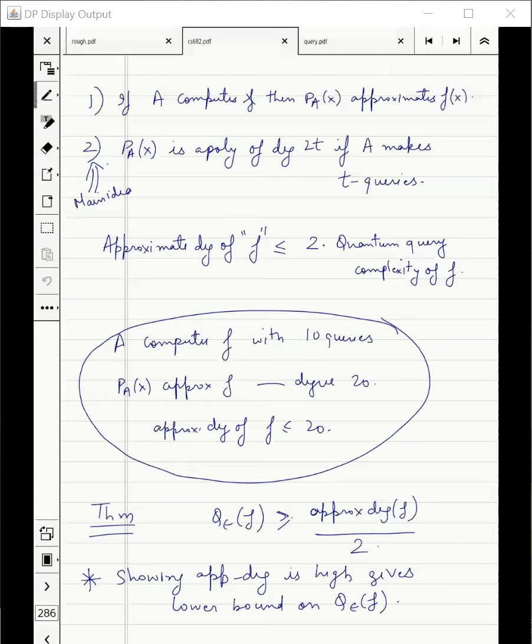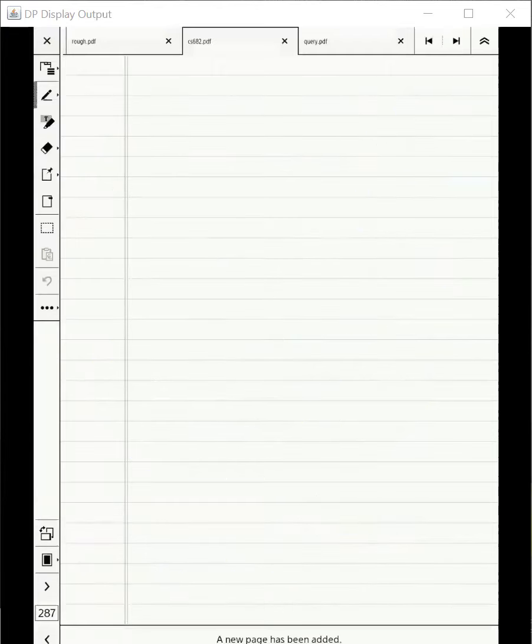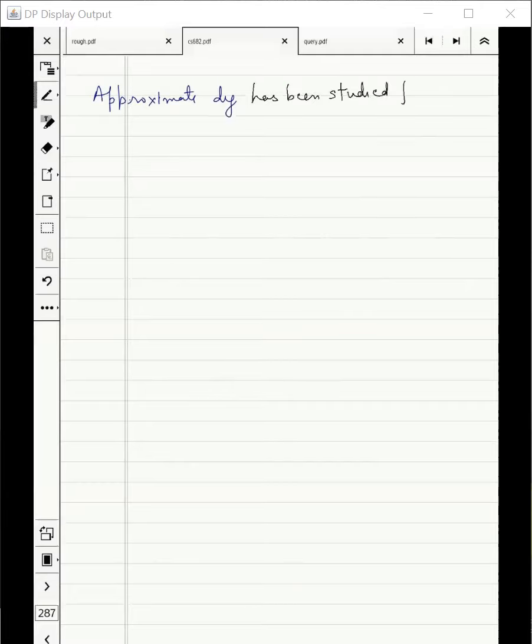And this is what I meant by having nice mathematical methods, because approximate degree has been studied in mathematics for a long time. We know lots of tricks and tools to figure out approximate degree. For standard functions, we know what the approximate degree is.